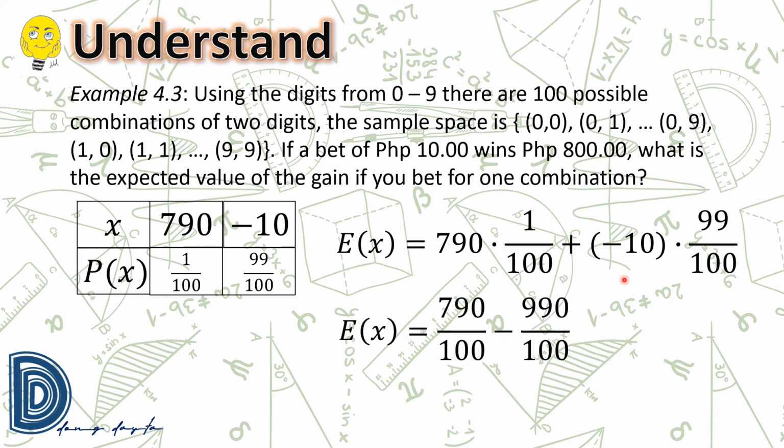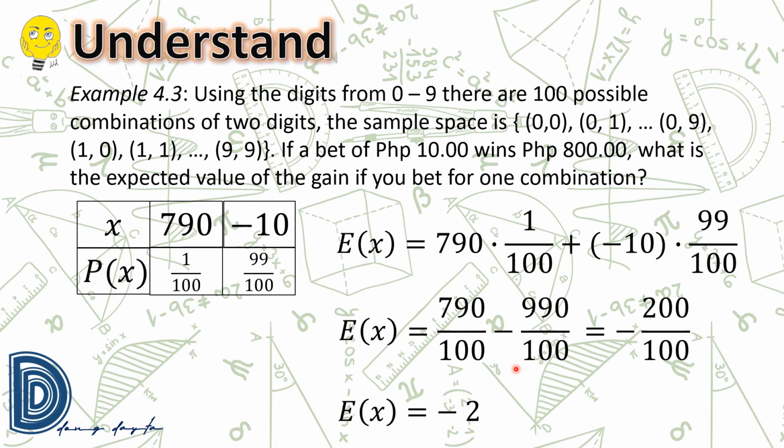So we have 790 minus 990 over 100, that is 10 times 99 over 100. Hence, the expected value is equal to negative 200 over 100. So the expected value is negative 2 pesos.